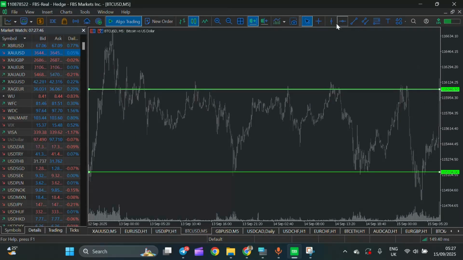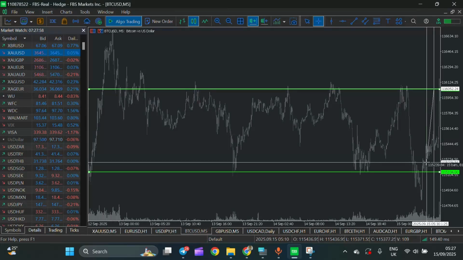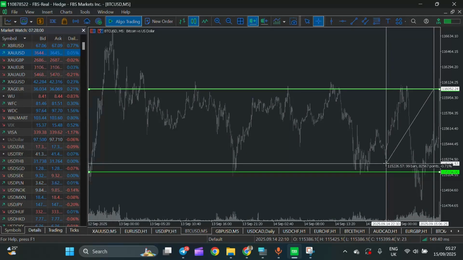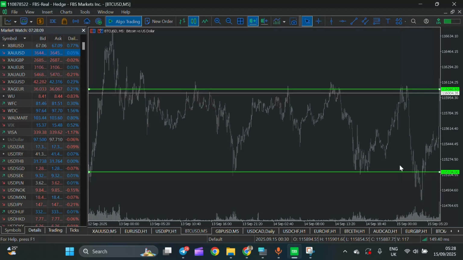So if you would want to trade it, you just enter the market now, and then have your take profit here, at 1155210.64, because you just have to trade with caution.